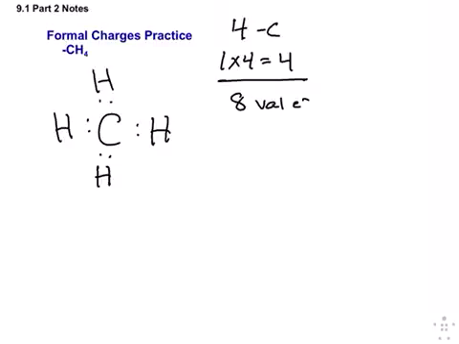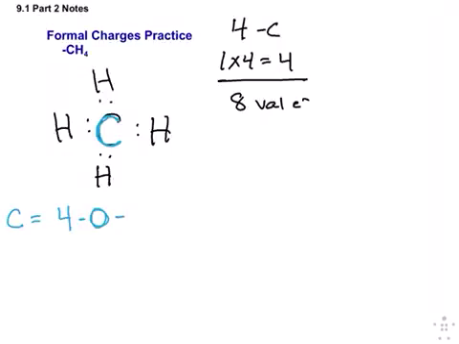If we look at carbon, the central atom here, when we're talking formal charges, we need to look at the number of valence electrons carbon brings to the table. How many valence electrons does carbon have? 4. Then we need to look at the number of lone pair electrons. Are there any lone pair electrons on this carbon atom? No, they're all bonded, so there are no lone pairs.